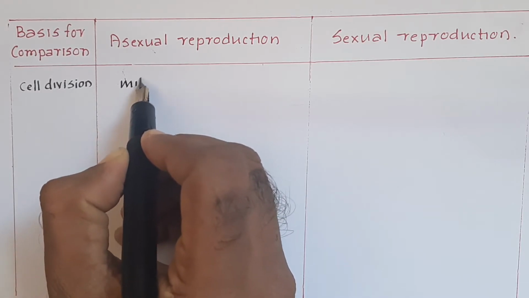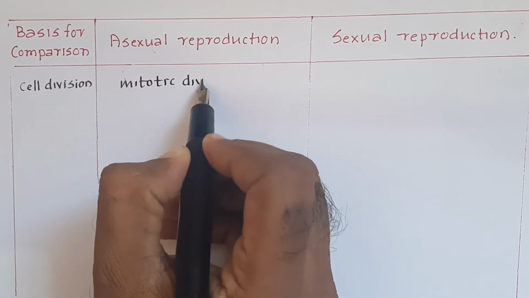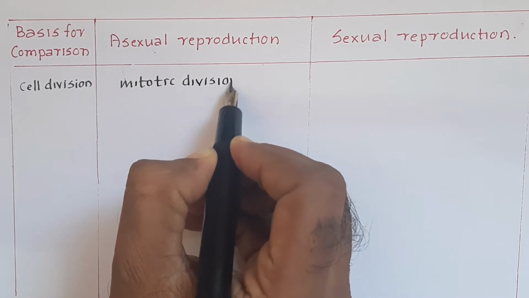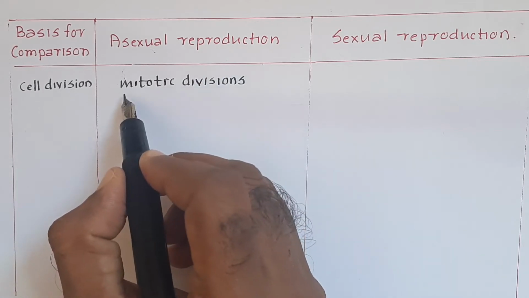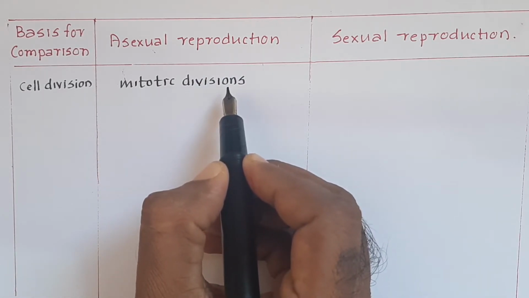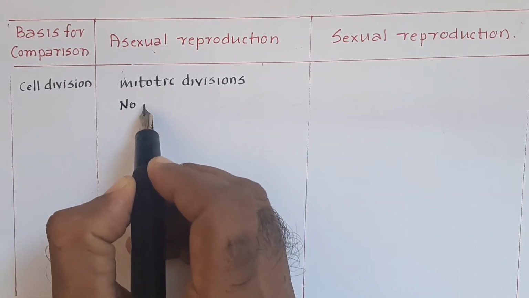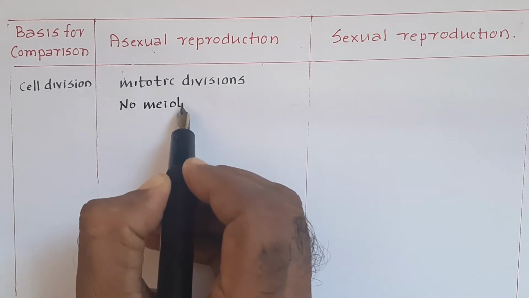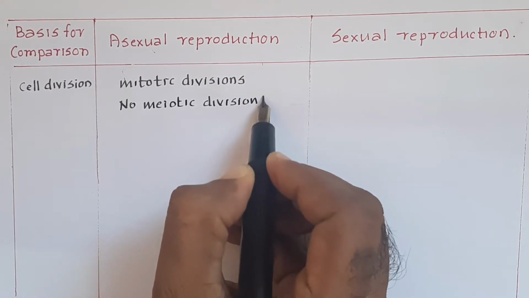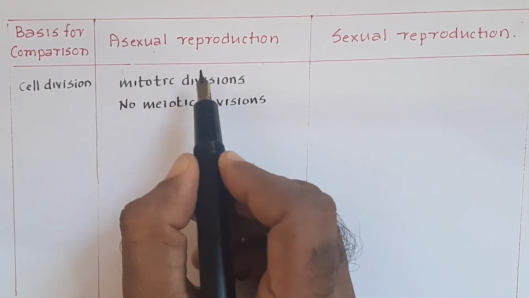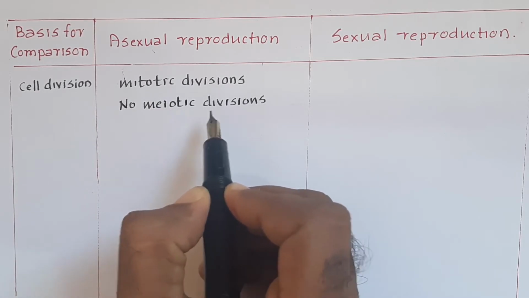Remember, here series of mitotic divisions takes place, but there is no meiotic divisions. No meiotic divisions are involved.